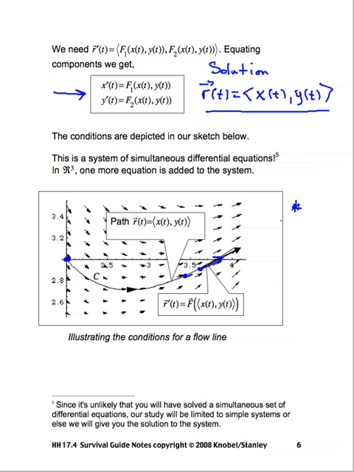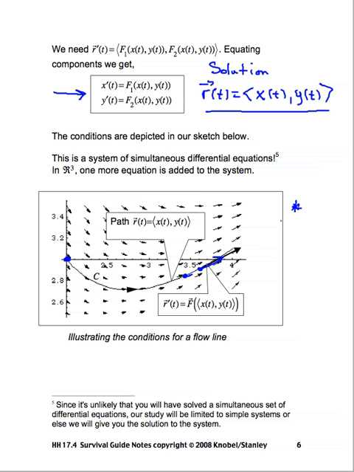So in that case, if your velocity vectors along your path are larger than the vectors in the field, even if the vectors are tangent, that wouldn't be a flow for the field, because remember, as you move along the path, your speed has to be exactly the speed as suggested by the vectors in the field.